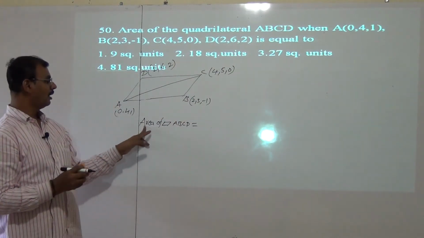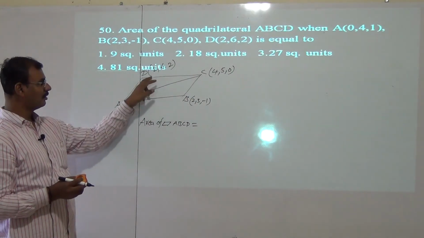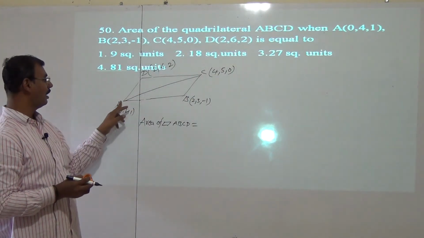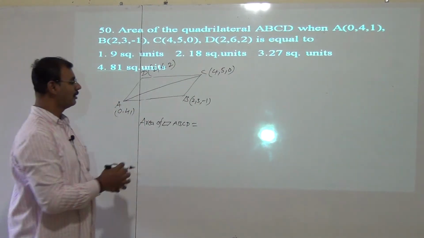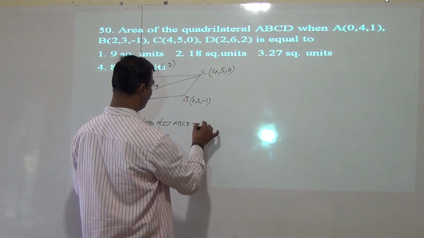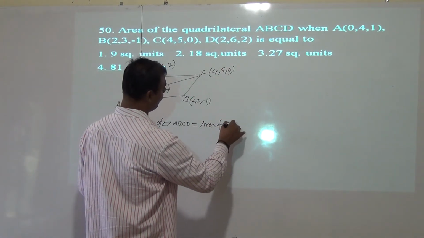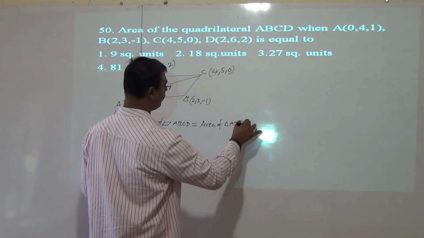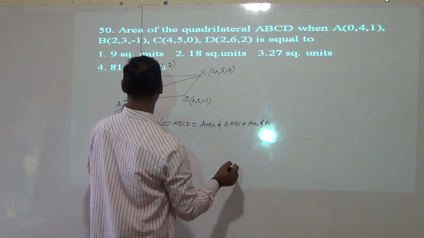This is a triangle, no, these two are triangles. Area of triangle ABC, correct? So this is nothing but area of triangle ABC plus area of triangle ACD.